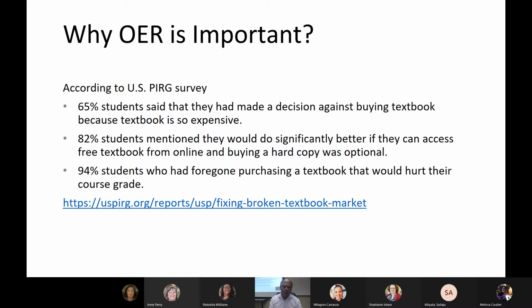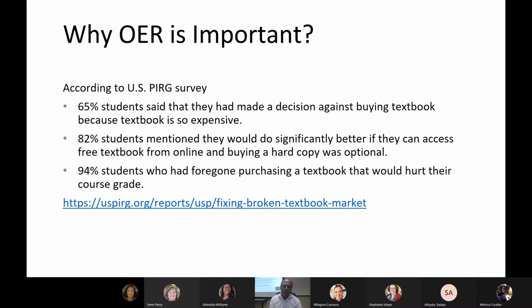Let me share some survey results. This is the PIRG survey from 2018, which found that 65% of students said they had decided against buying a textbook because it was so expensive.